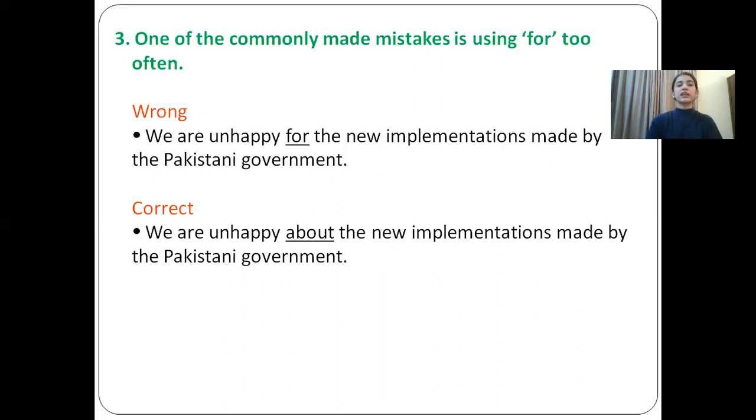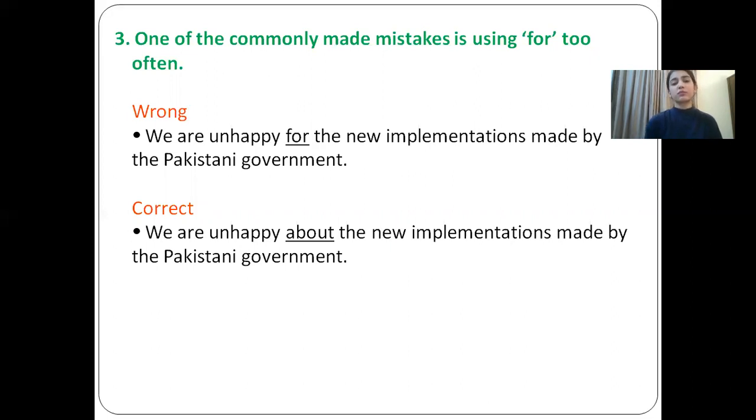The third mistake, one of the commonly made mistakes, is using for too often. Now, I do not know why, but even in our Pakistani context and as English language learners, we often in fact use for in many sentences, which is wrong. We are unhappy for the new implementations made by the Pakistani government.